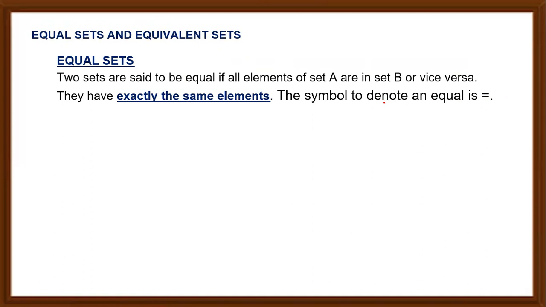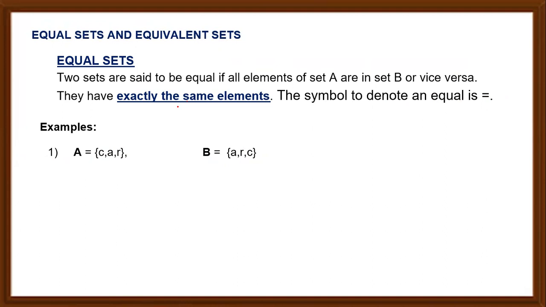Okay, let's have example para makita natin yung yan. So I have here number 1, set A is equal to yung elements sa set A, we have CAR or yung car. Set B, we have this ARC or art. Kung mapapansin natin, di ba, ang tanong, equal sets ba siya or hindi? Balikan natin yung definition. Ang tanong lang dyan, exactly, are they exactly the same elements?